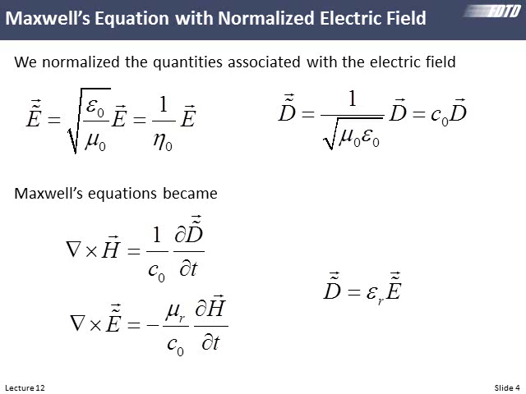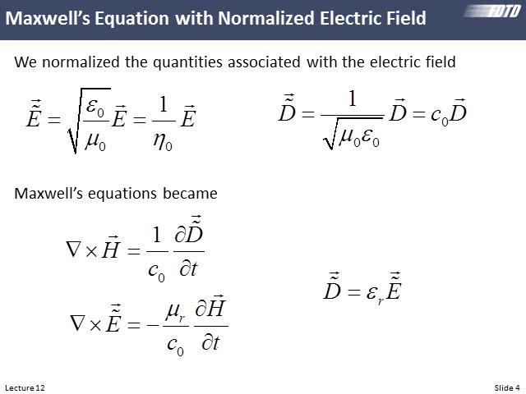And so Maxwell's equations looked a little bit different. And the last thing we did differently is we did not substitute in one of the constitutive relations. So in fact, in this formulation, we proceeded with two curl equations, and we left D equals epsilon E. We left that constitutive relation out of the curl equations, and we'll handle that separately.